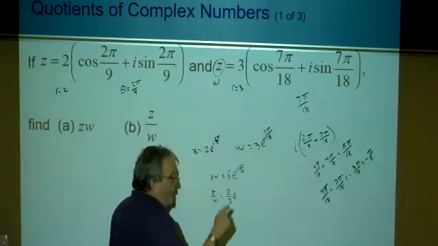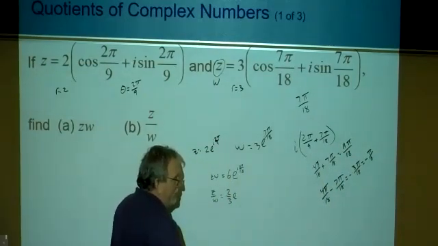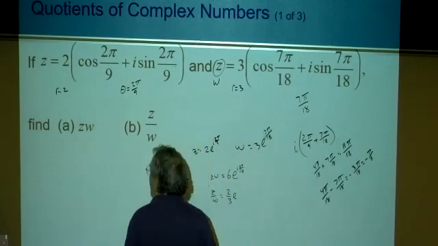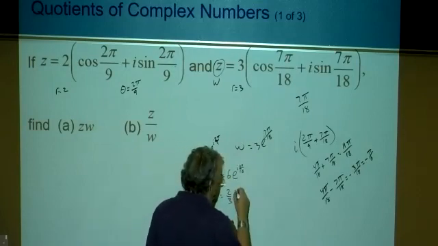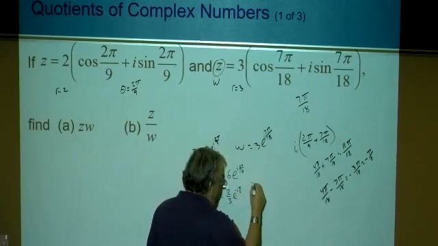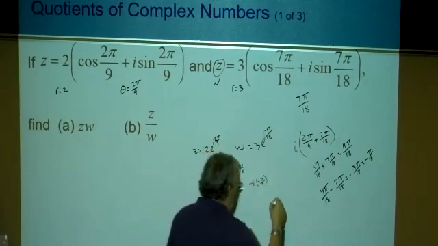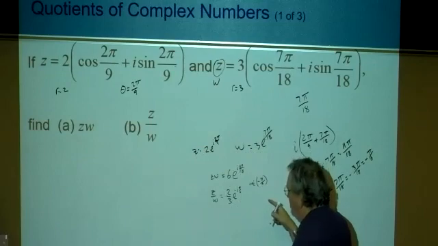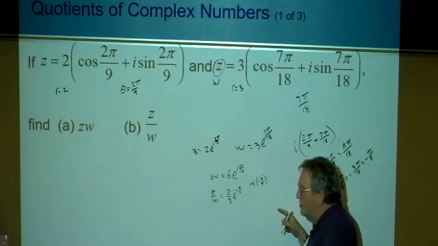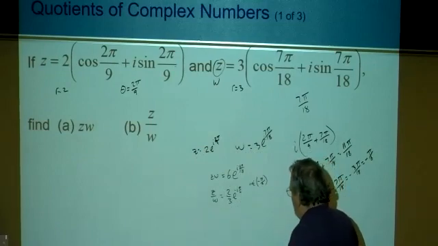And so now my angle is negative pi over 6. I don't know how they're going to write it. Are they going to write it as negative i pi over 6? Or as i times negative pi over 6? Or do they write it as 7 pi over 6? We'll find out.